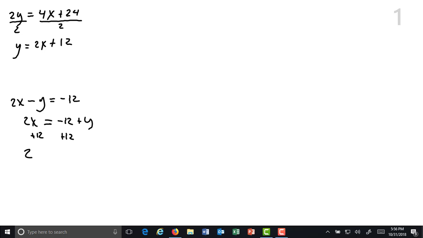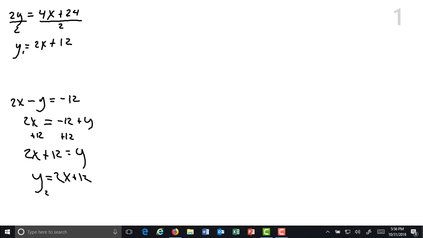So what I have is 2x plus 12 is equal to y, yeah? And since that's equal to that, I can sure write it like this. Correct? That's just another rewritten form, where I put the y first, right? So I'm going to call that equation 2, and I'll call that equation 1.